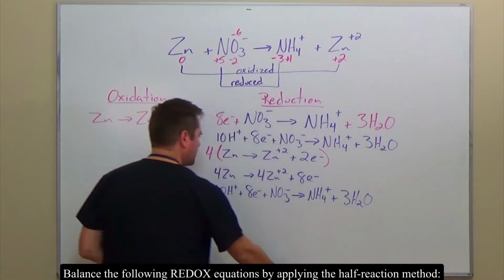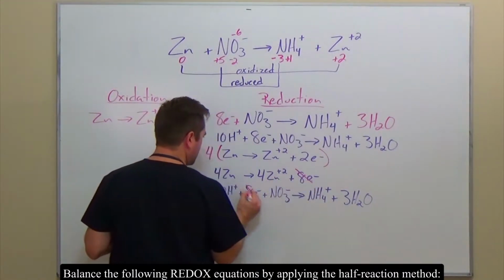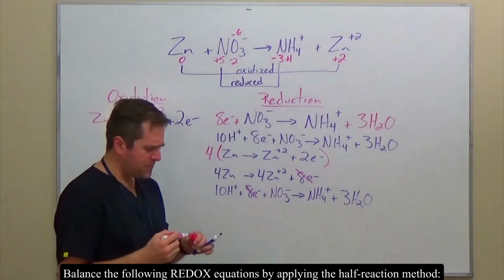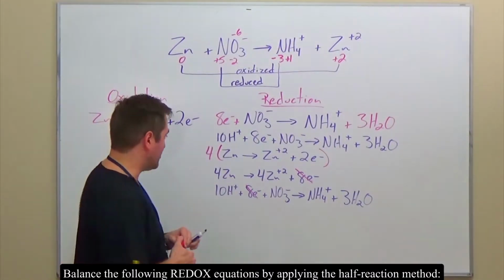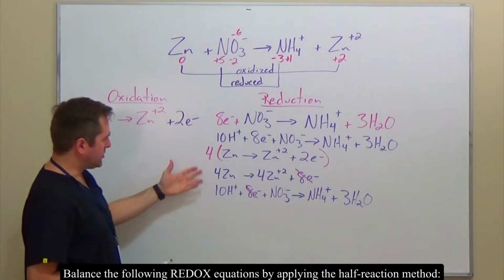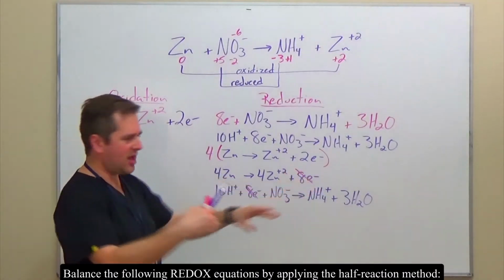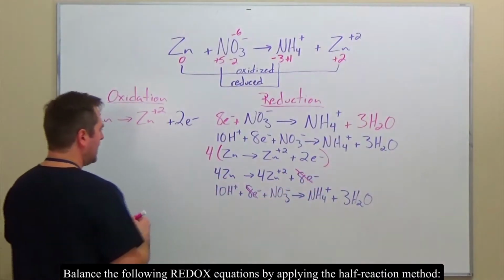Okay? Awesome. Let's go ahead and cancel our electrons. 8 cancels 8. Anything else we can cancel? How about waters? And the answer is no, because in our oxidation reaction, we didn't have any water. So we're actually at the point where we can consolidate the entire reaction. So let's do that.